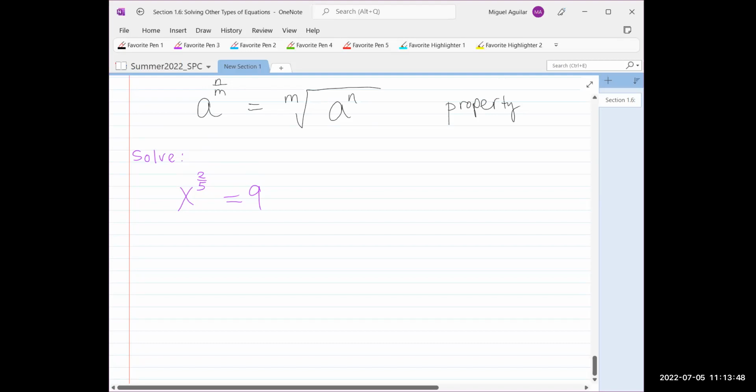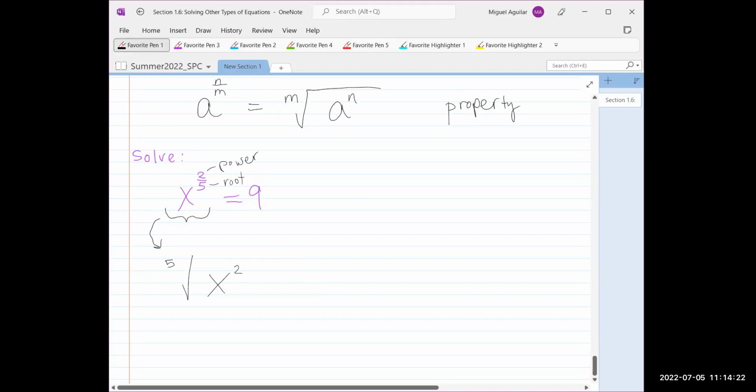On the left-hand side, I have this rational exponent, this fractional exponent. To make use of the property I wrote up there, I know that the 2 is the power and the 5, the denominator, is the root. That tells me I can rewrite this as the fifth root of x to the second power.